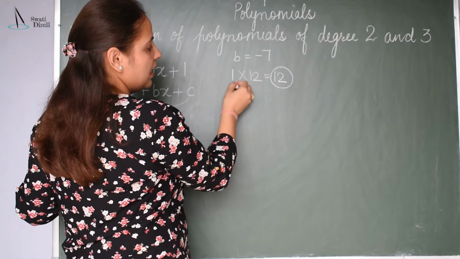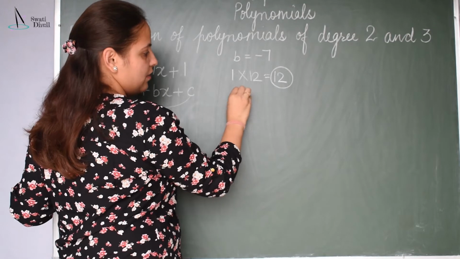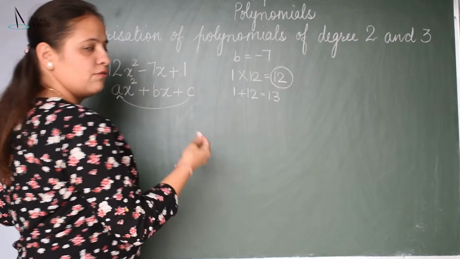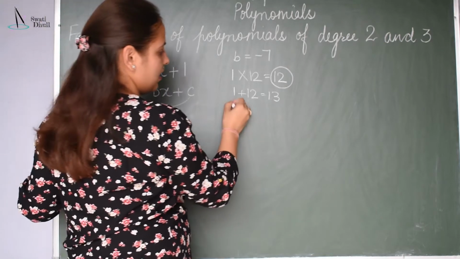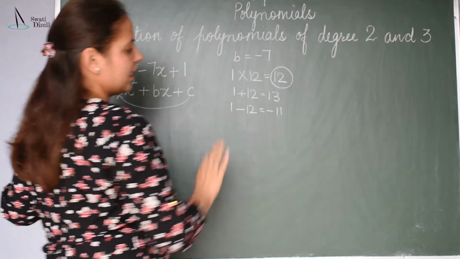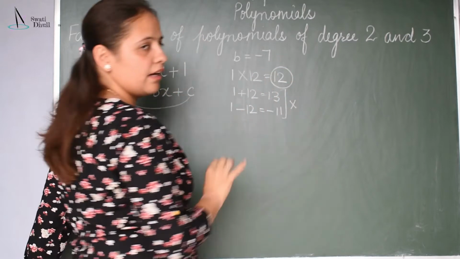Let's say if I have the factors 1 and 12, then 1 plus 12 is 13, which will not be a factor because b I want is minus 7. If I subtract, again I am not getting it. So these two factors will be eliminated.